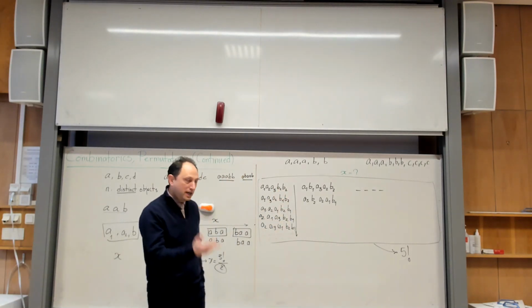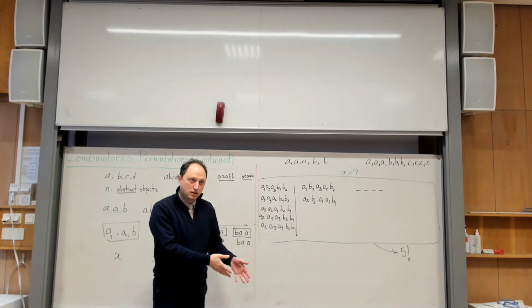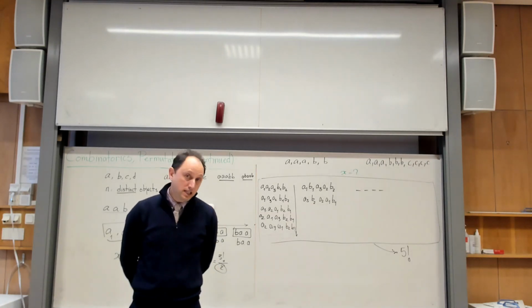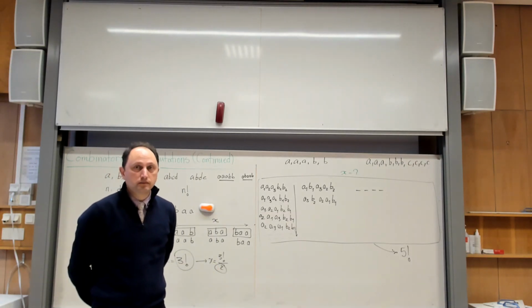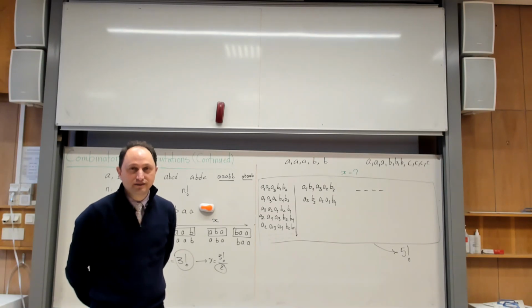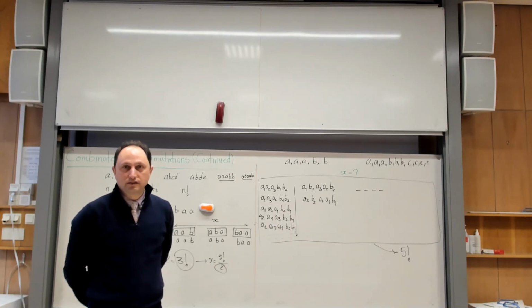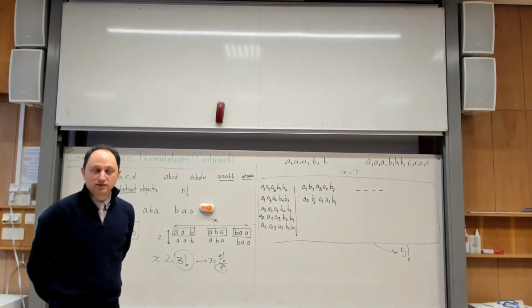So how many ways I can arrange A's and B's in this particular way? 3 factorial? That's not enough. 3 factorial only takes care about A's. Yes, Dima? Times 2 factorial.